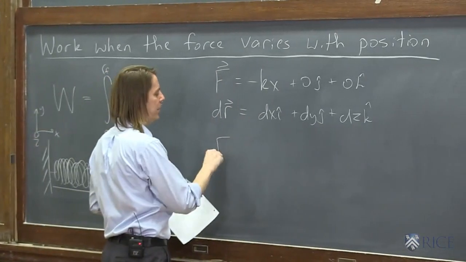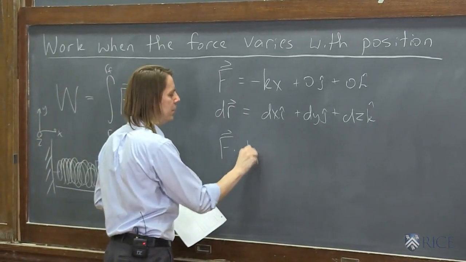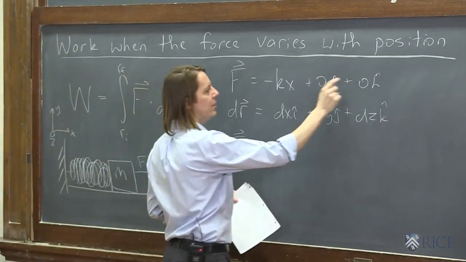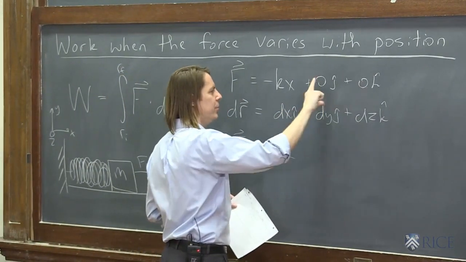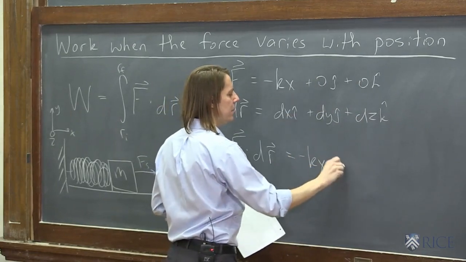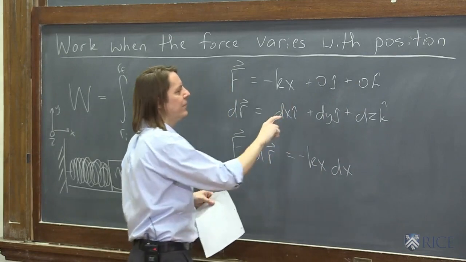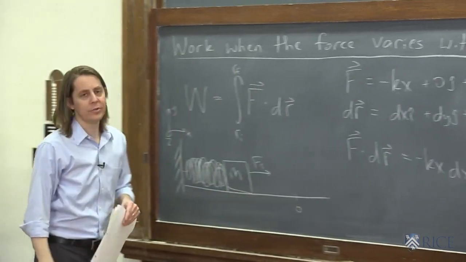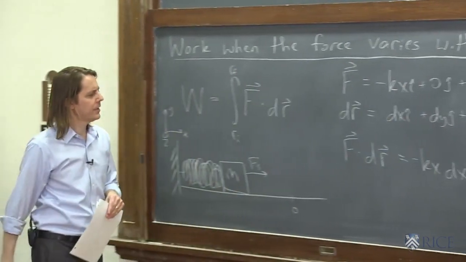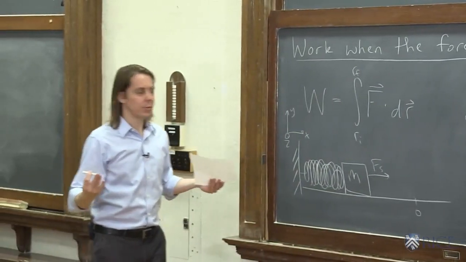Because we care about F dot dr, those are 0. It's really just minus kx dx. Don't need the unit vectors anymore because we took a dot product. There you go. So now we just do our integral.